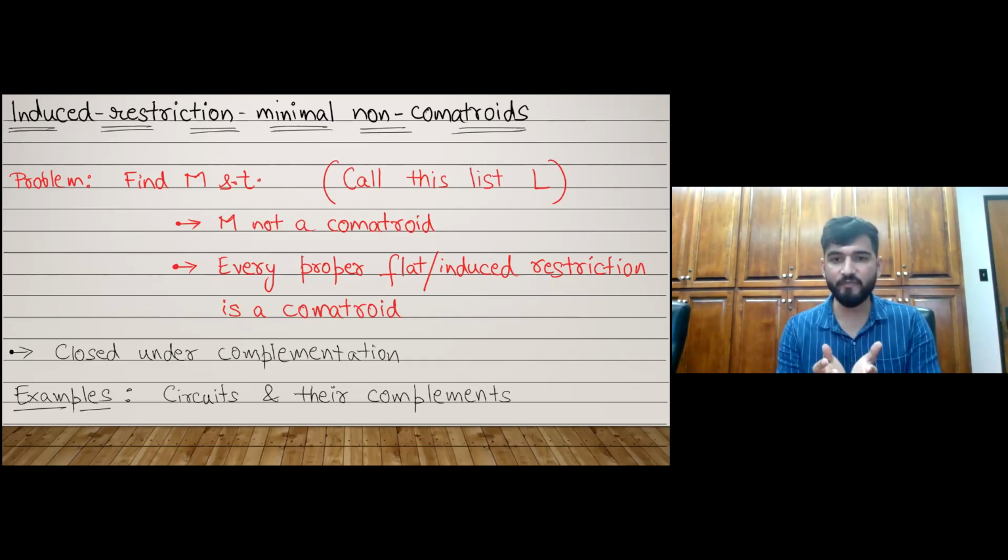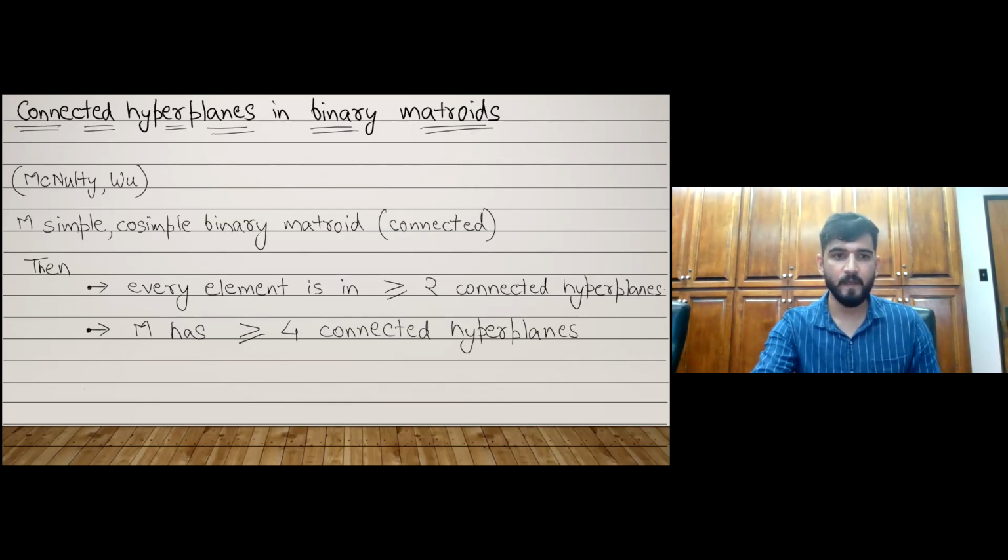But a proper flat of a circuit is a free matroid, and free matroids are comatroids. So circuits are examples, and since this list is closed under complementation, the complements are also in there. And it turns out there are not many examples apart from this, as we mentioned in the previous slide.